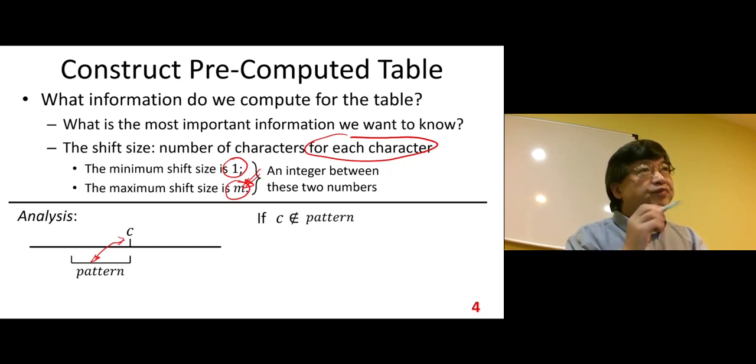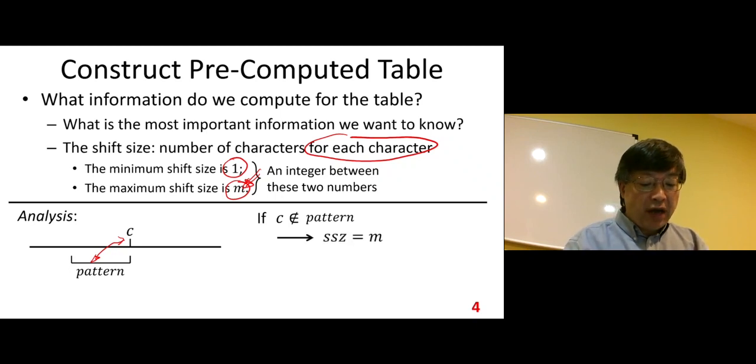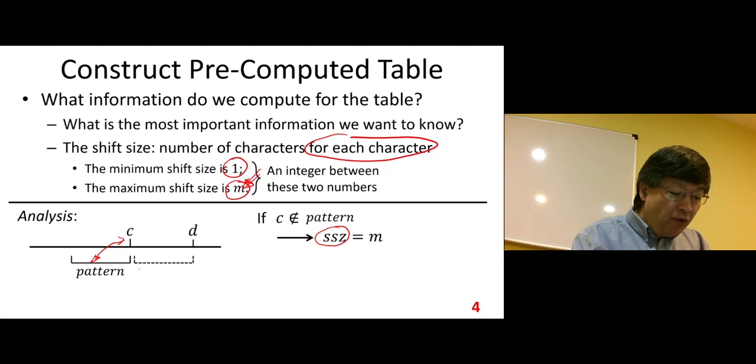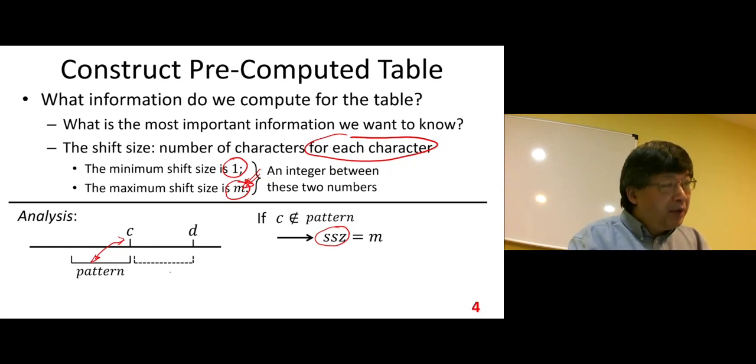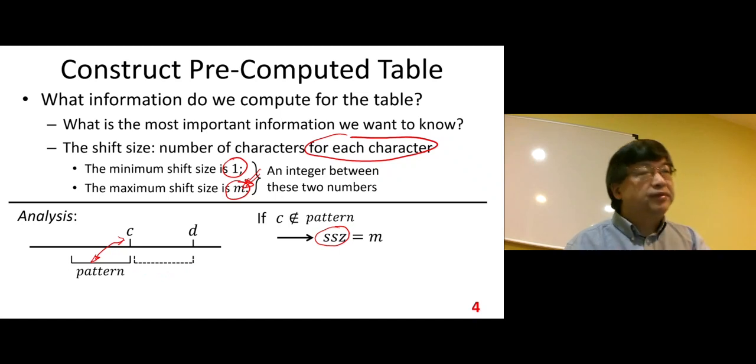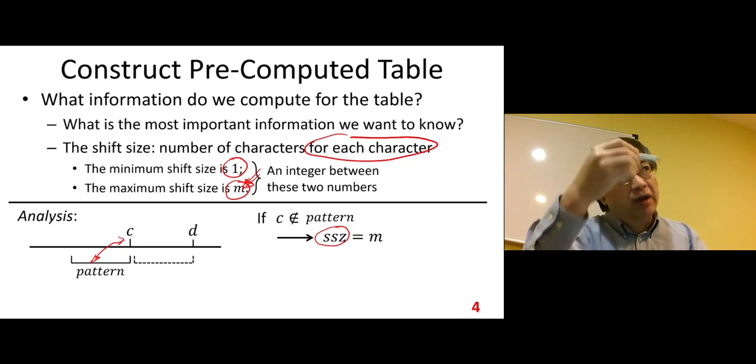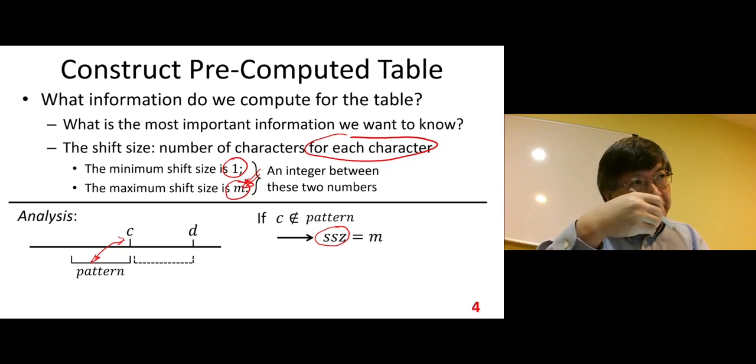Then our shift size is very easy: the largest possible shift size. Here I use SSZ to represent the shift size. The shift size this time is M. That means we shift the whole pattern M characters to the right, then start the comparison again.